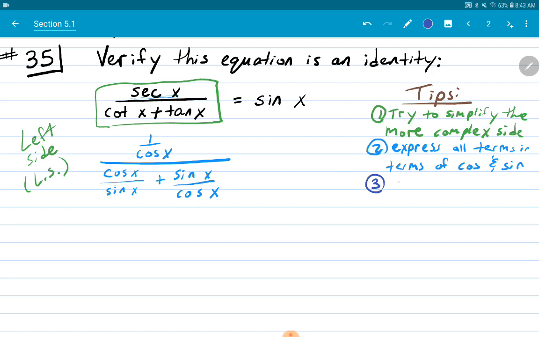So to do that, we have this formula, which is really just adding fractions together and finding the common denominator.